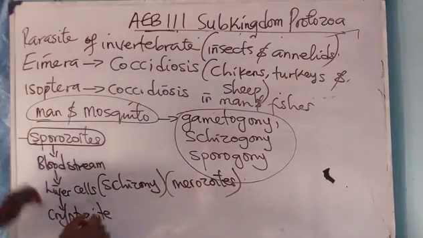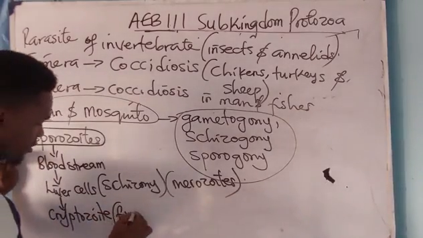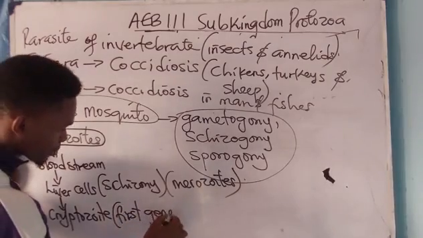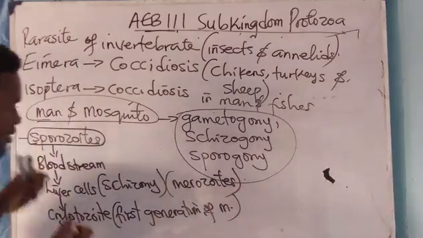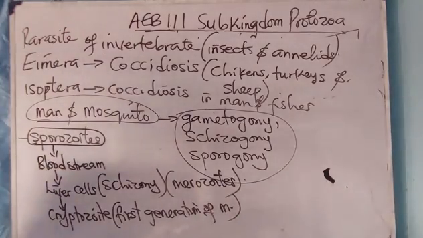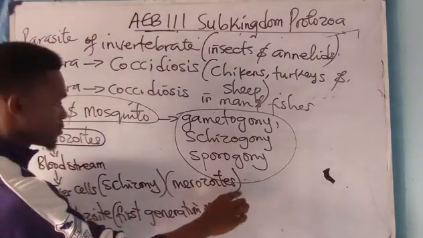Now, this cryptozoite stage is known as what? The first generation of the merozoite stage. It is the first generation of what? The merozoite stage.